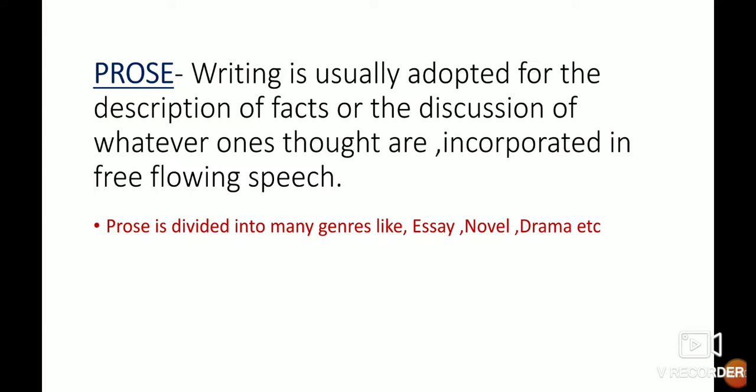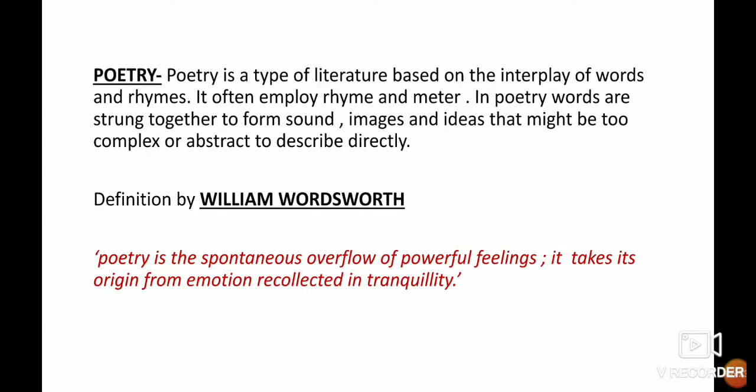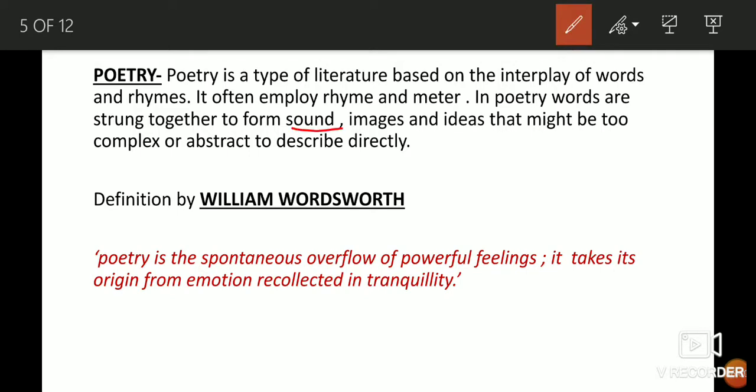And now I move towards the second, and the second is poetry. I define poetry first in general form. What's the general definition of poetry? Poetry is a type of literature based on the interplay of words and rhymes. It often employs rhyme and meter. In poetry, words are strung together to form sound, image, ideas that might be too complex or abstract to describe directly.